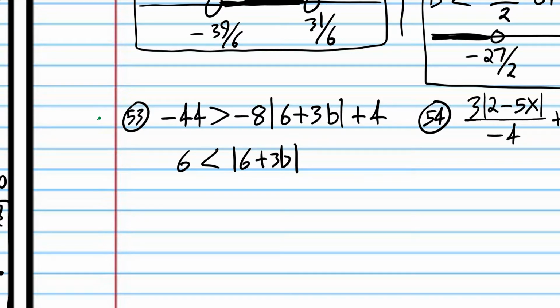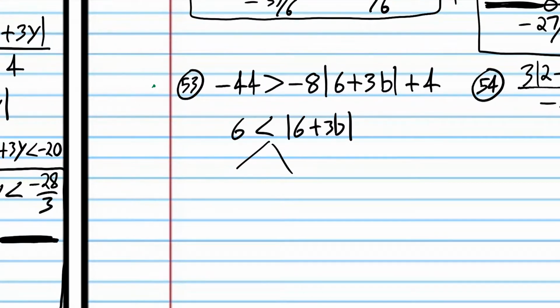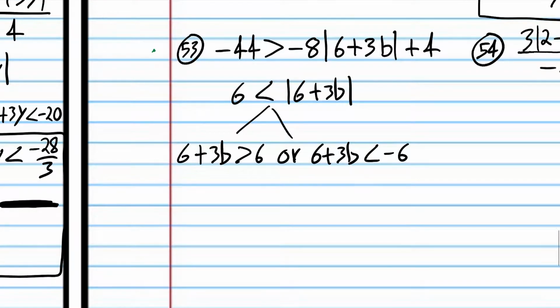And so now we have the situation where 6 plus 3b is greater than 6, or 6 plus 3b is less than -6. So just solve, and we get b is greater than 0, or b is less than -4. And we did not have to flip the inequality because we're not dividing by -3, we're dividing by +3.